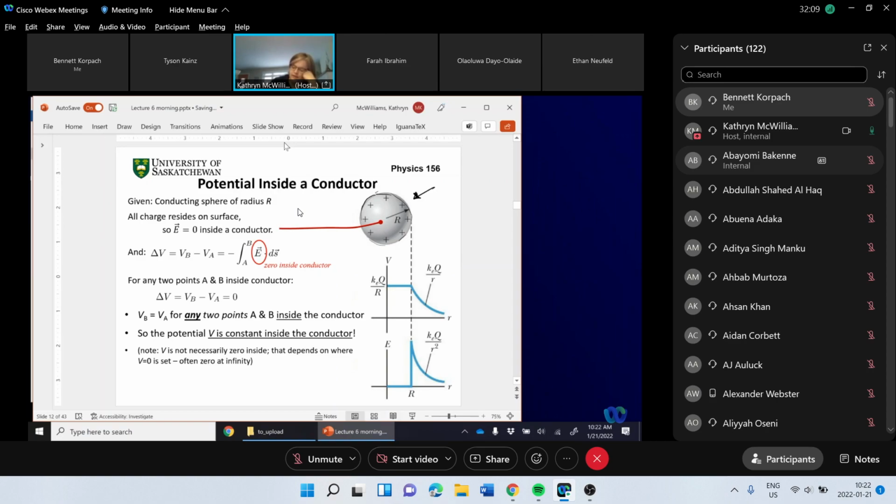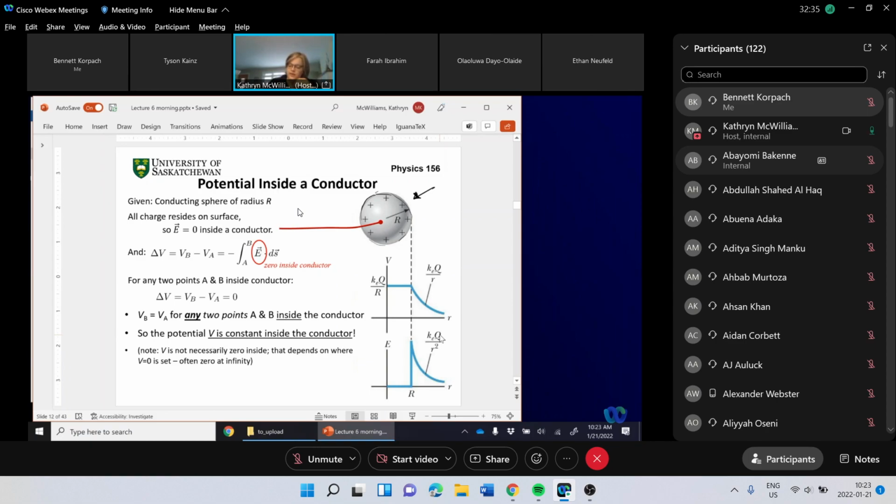Look down to this panel down here, the bottom panel of the graph. We know what the electric field of a charged sphere is. We can do this using Gauss's law, but we've also seen it before. So the electric field of a spherical charge is Ke times Q enclosed, so that's the total charge on this sphere, divided by r squared, where r is the distance from the center of the sphere.